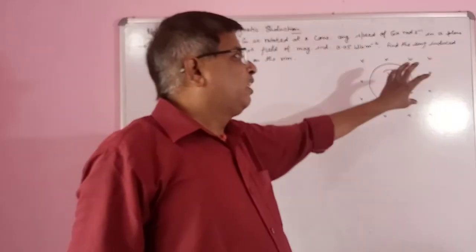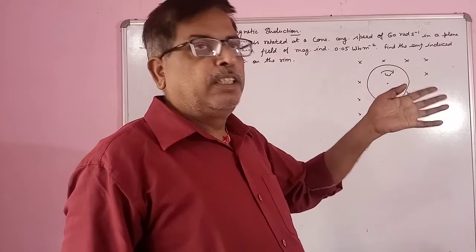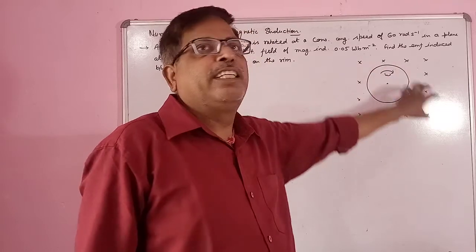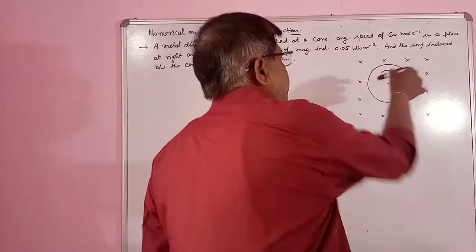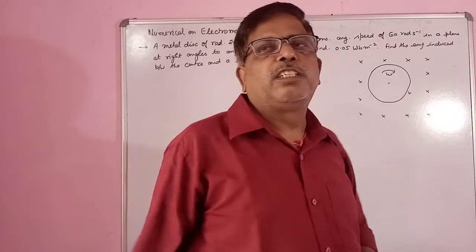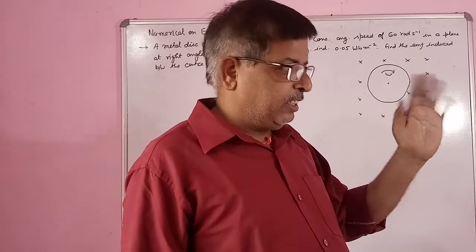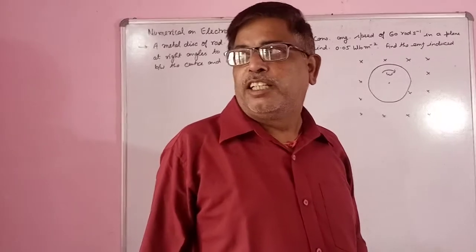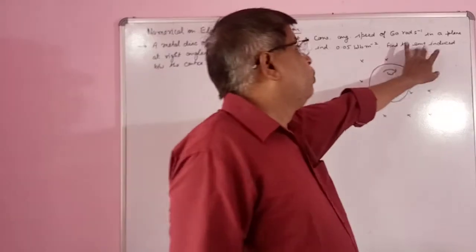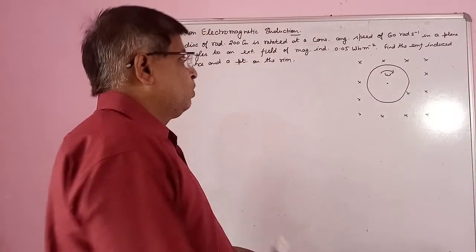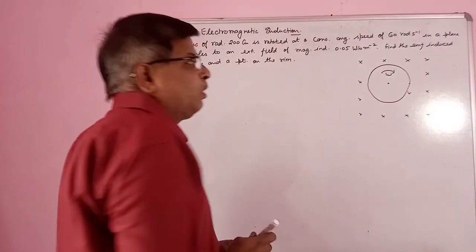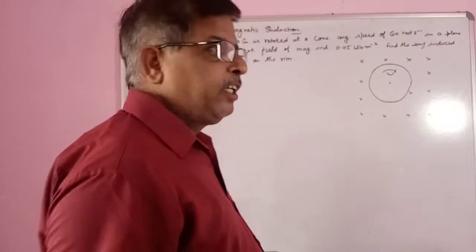Since it is rotating in a uniform magnetic field, that means it cuts the magnetic field lines, which are inward according to this diagram. This disc cuts these magnetic field lines, and since it cuts magnetic field lines, an EMF will be induced. So between this point and this point, we have to calculate EMF.